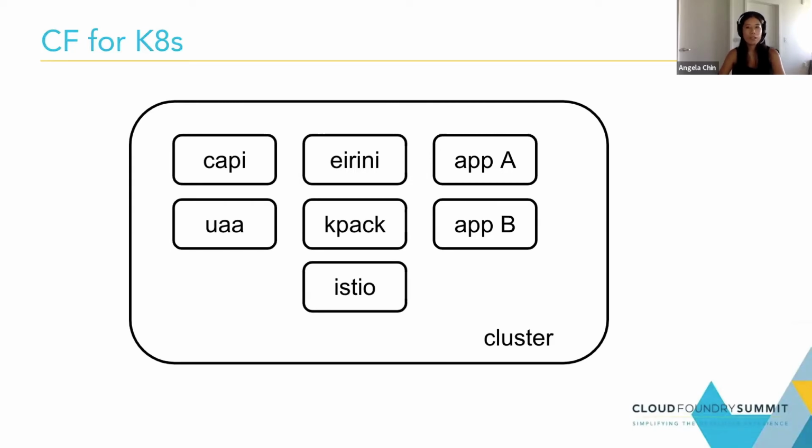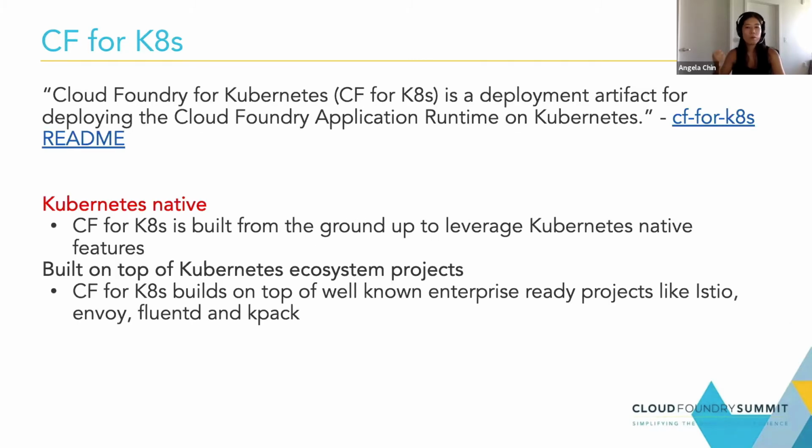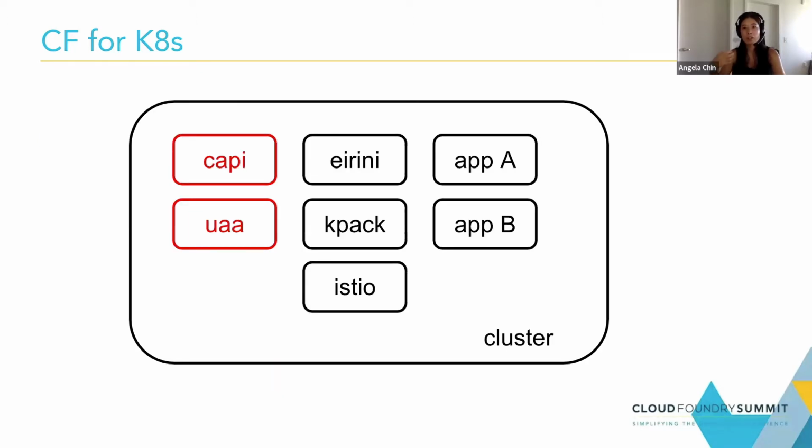Now, this works, it's great. It allows us to deploy Cloud Foundry on top of Kubernetes. But when we think back to the goal of CF4K8s, we want to zero in on the idea of being Kubernetes native. And we notice that when we look at this diagram, there are some components that are historical parts of Cloud Foundry that have really been lifted and shifted from VMs to pods running on Kubernetes.